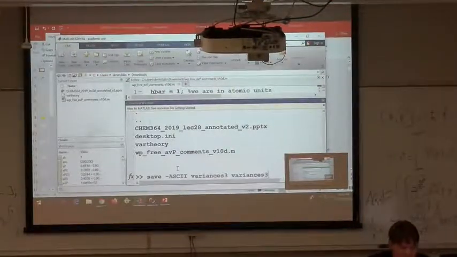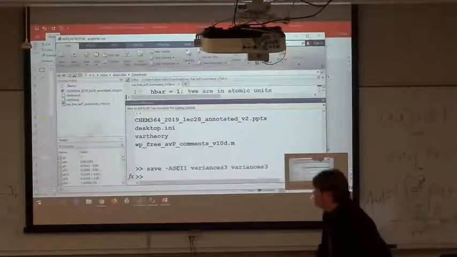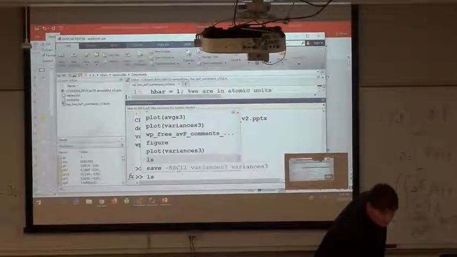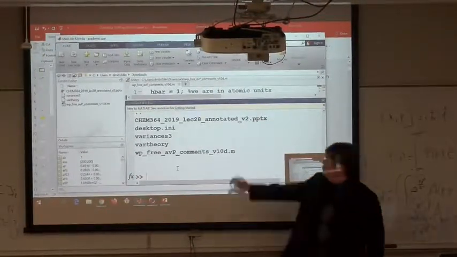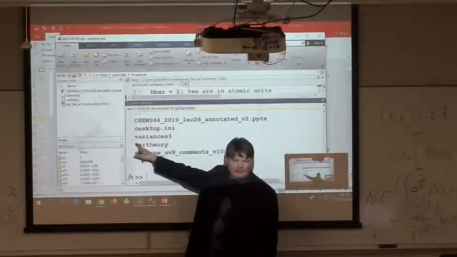No error message. And now I'm going to repeat the ls command and see what did happen. Now I do have a file called variances, right?